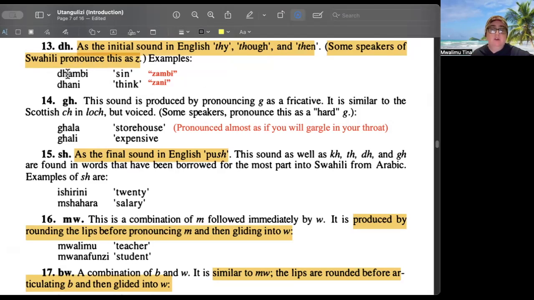This DH is a phonetic attribute of the language, borrowed from Arabic. Inland, many times, people will pronounce the DH with a Z sound because Z sounds are in other Bantu languages. The DH sounds are not. So for example, instead of dhambi, you might hear zambi. Instead of dhani, you might hear zani.